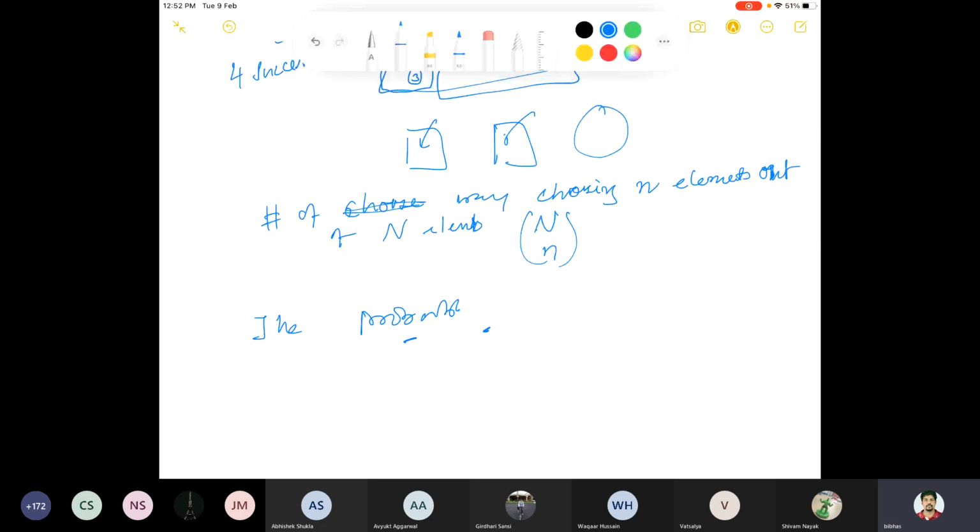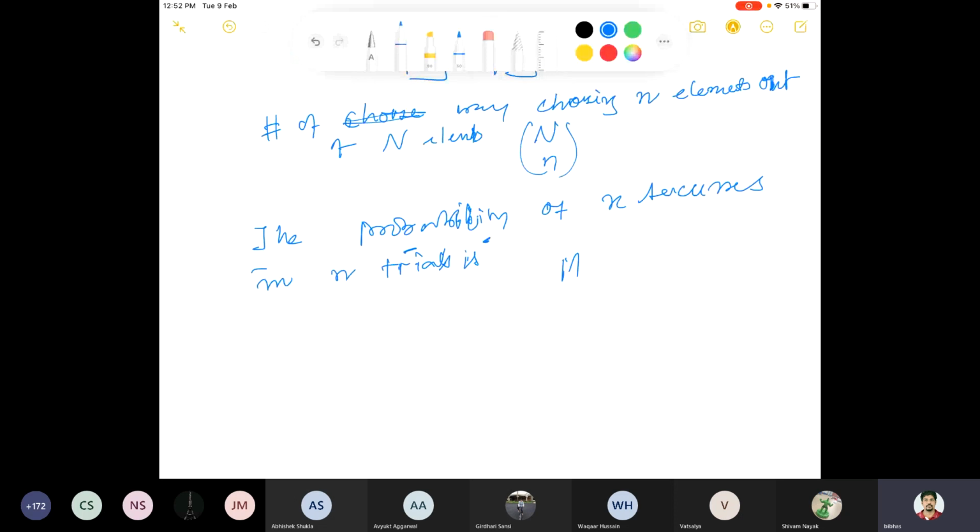The probability of x successes in n trials is MCx times N minus M C n minus x, divided by NCn.